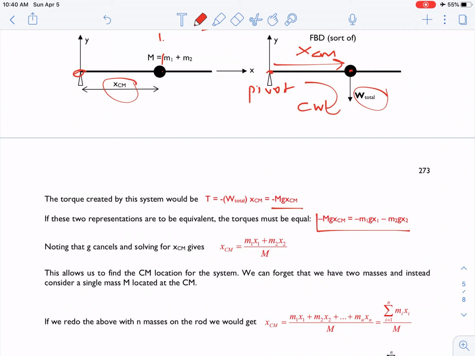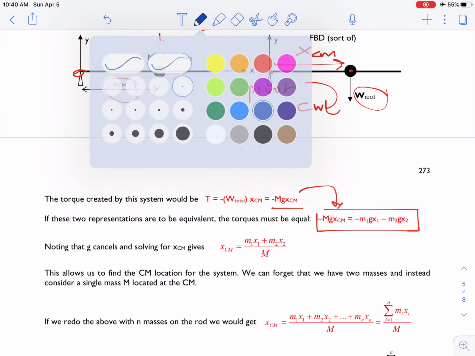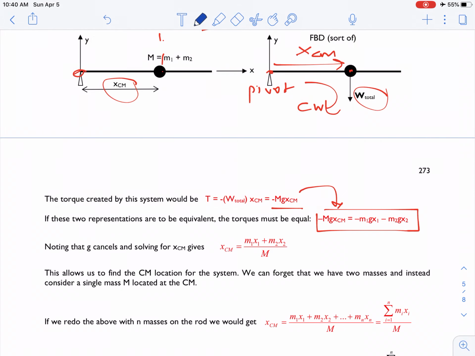And then we are equating those two sides. So this is the first side, and this right side, we got it earlier. We are putting them together to figure out what this x center of mass is. And when you rearrange this, dividing both sides by negative capital M and g, this is the equation you get. And this is the definition of finding the center of mass position from the pivot point.